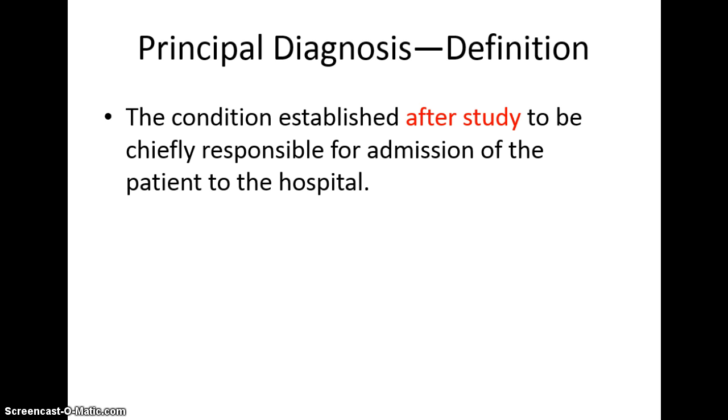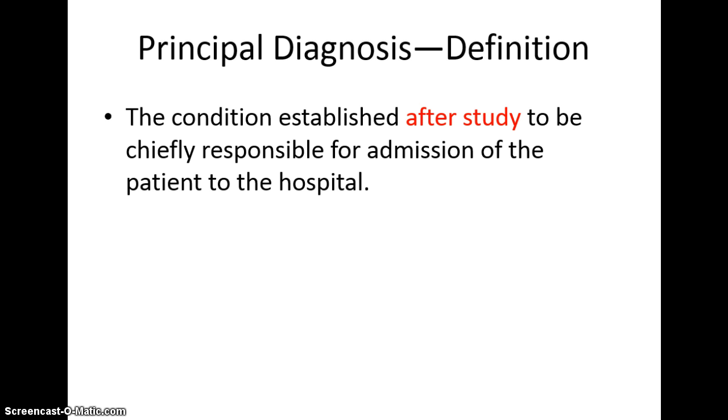The principal diagnosis is ordinarily listed first in the physician's diagnostic statement, but this is not always the case. It is very important that you review the entire record to determine the condition that should be designated as the principal diagnosis. So let's give you an example.